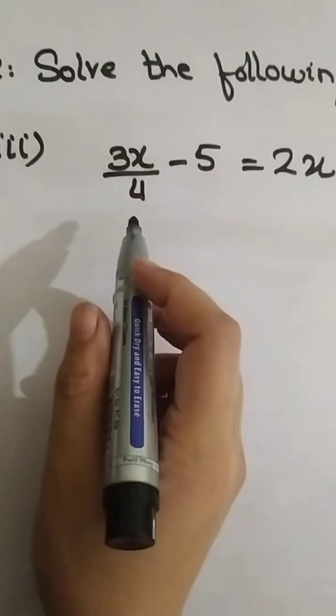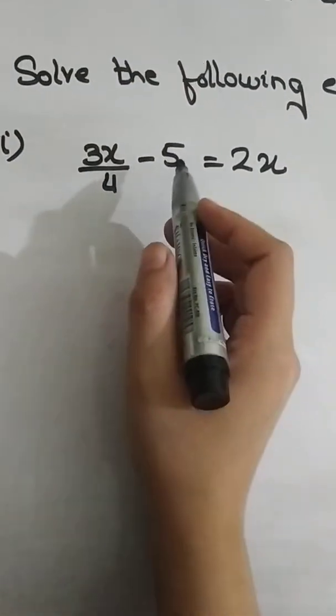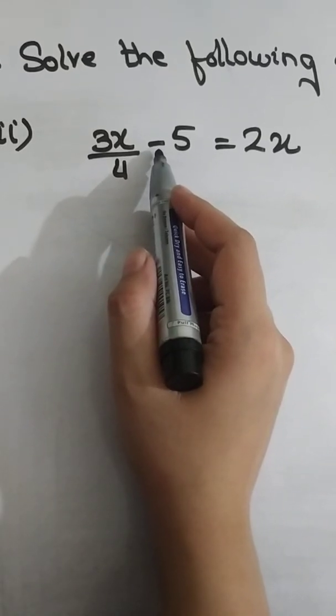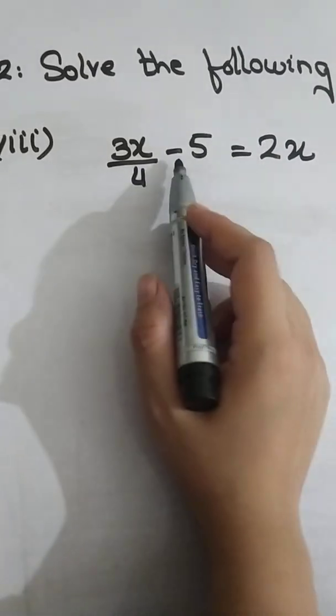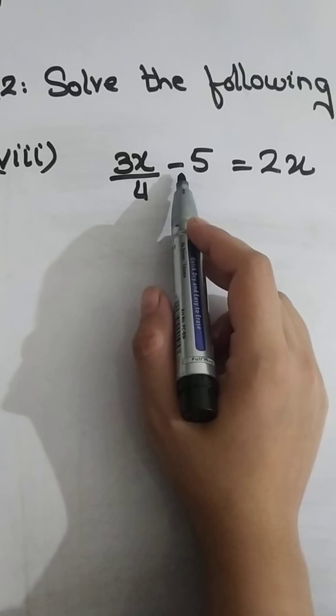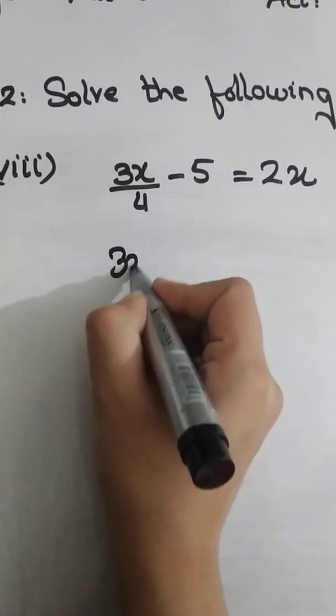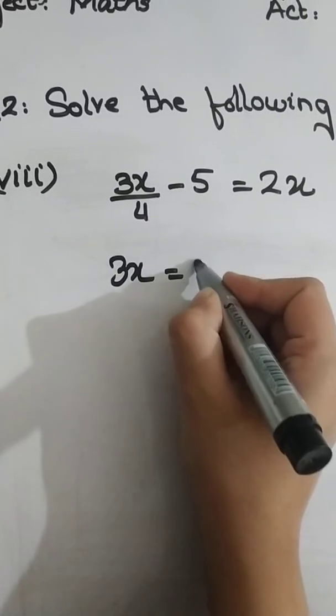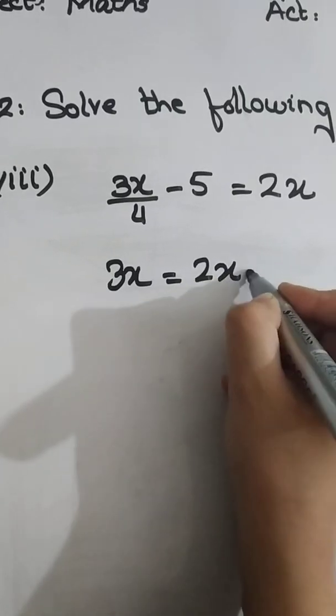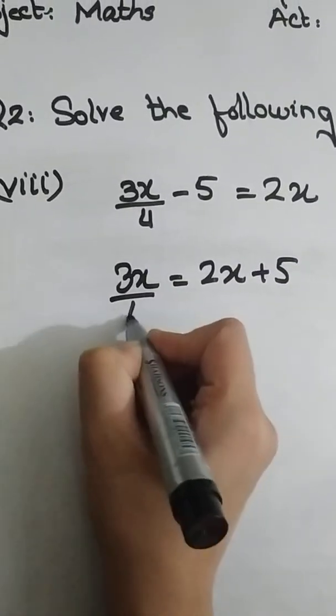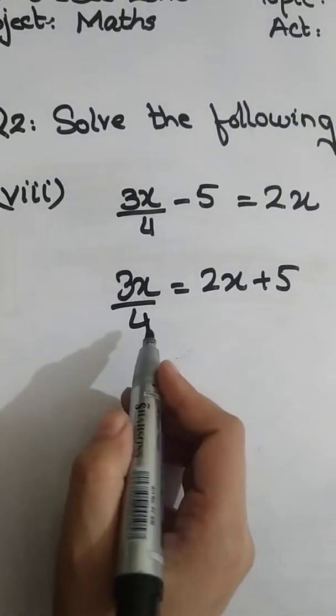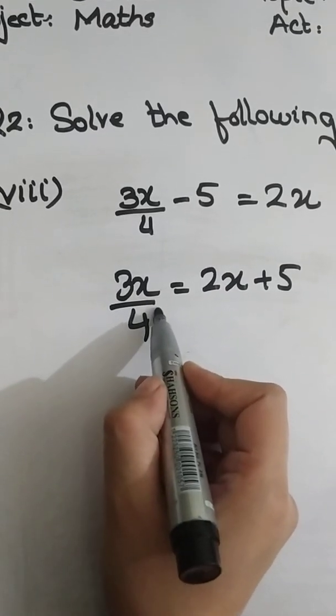So this is the last part of today's lecture. Here the minus 5, when moved to the other side, its sign will change into plus. So 3x = 2x + 5. In the next step, here the 4 is dividing.